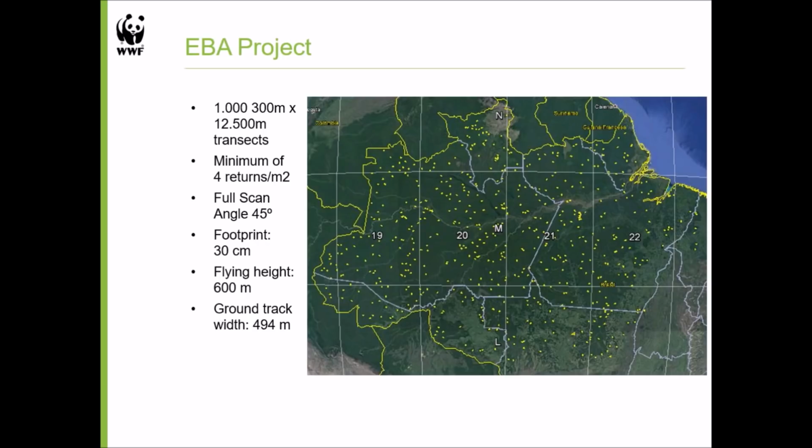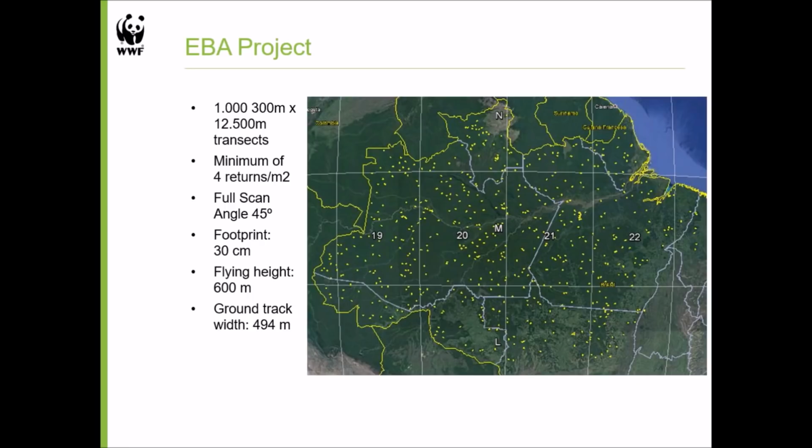In the INPE project, we had about 1,000 flights, okay, spread over the Amazon. Despite it being a huge number of flights, we are covering only about 0.004% of the Amazon area. That is, despite doing a lot of flights, we are covering a very small area of the Amazon. And we will need to extrapolate using satellite data, okay?